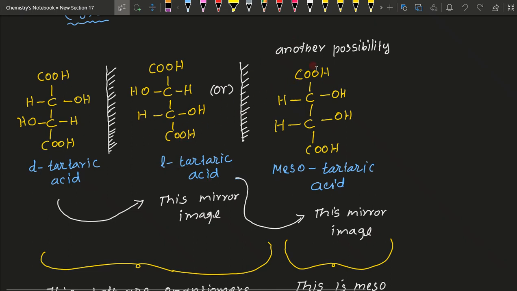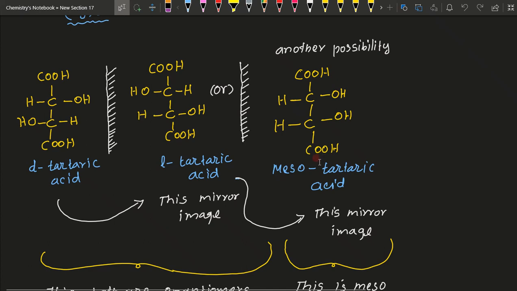Both are mirror images, and these are the same compound type. Another possibility of this compound: this OH and the other OH both going to the right side.